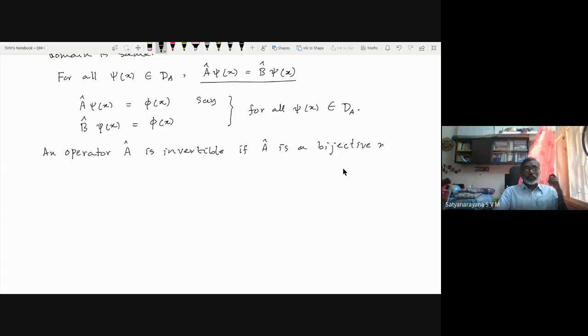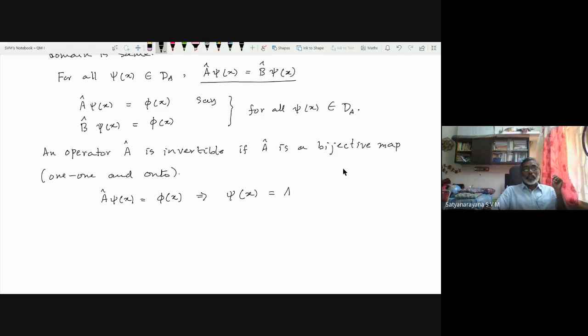That means it is both one-one and onto. If that is so, then you have A psi of x is equal to phi of x. That means there is only one psi of x which can be mapped to this phi of x. This implies you can get your psi of x as A inverse operator operating on phi of x. So that is something which we can define if this is both one-one and onto.